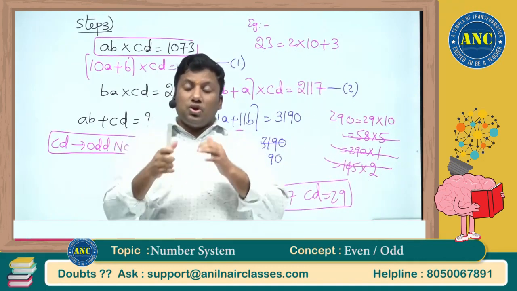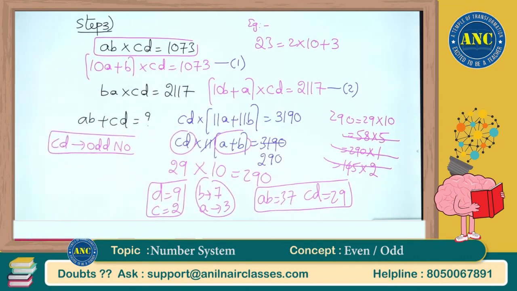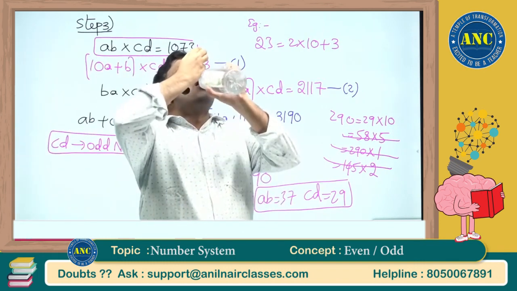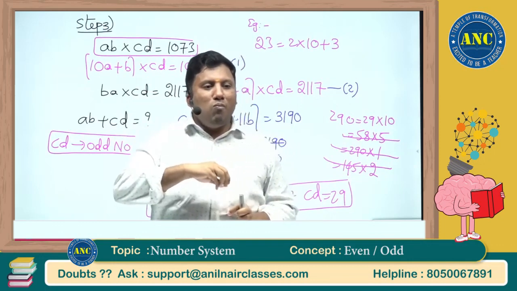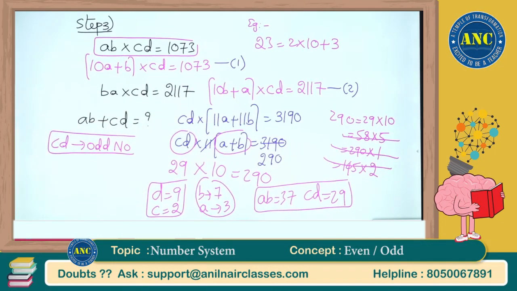This approach should be crystal clear to all the students. I am sure this question is crystal clear to each one of you. We will do one more question in a similar way, sir.